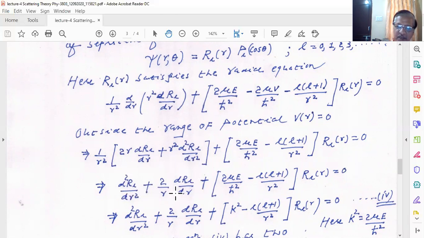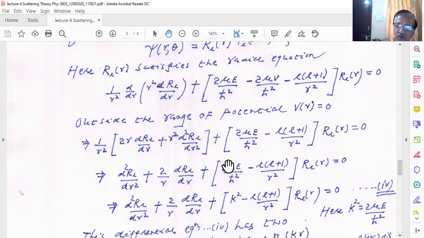Now you can understand this: 2 mu E over h cross square minus L into L plus 1 over r square. This bracket I am keeping as it is, RL of r. This is the radial part of r equal to 0. And now I substitute 2 mu E over h cross square equal to a constant k square.